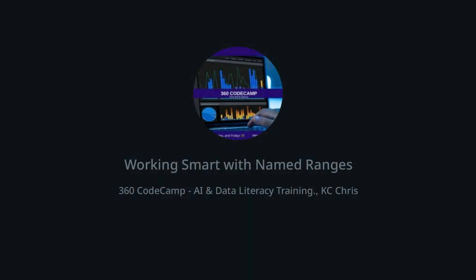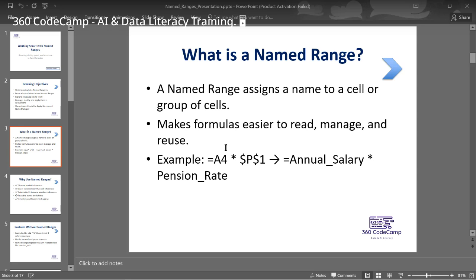You remember when we talked about references, we learned relative, absolute, and mixed references. In the example here, maybe you are inside a worksheet, and you see a cell, and if you click into it, you see the formula A4 times $P$1, even though we made P1 absolute.